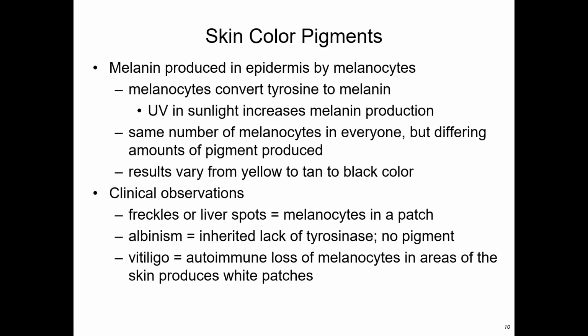This has to do with the enzyme tyrosinase. Under regular circumstances, in a dark brown colored person, the melanocytes have tyrosinase that's working perfectly, flawlessly, producing a lot of natural melanin.